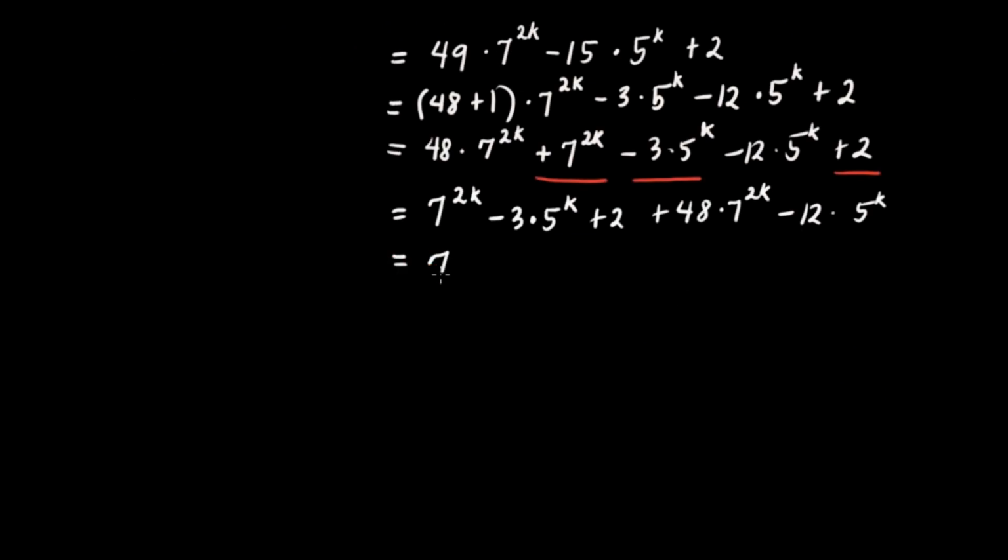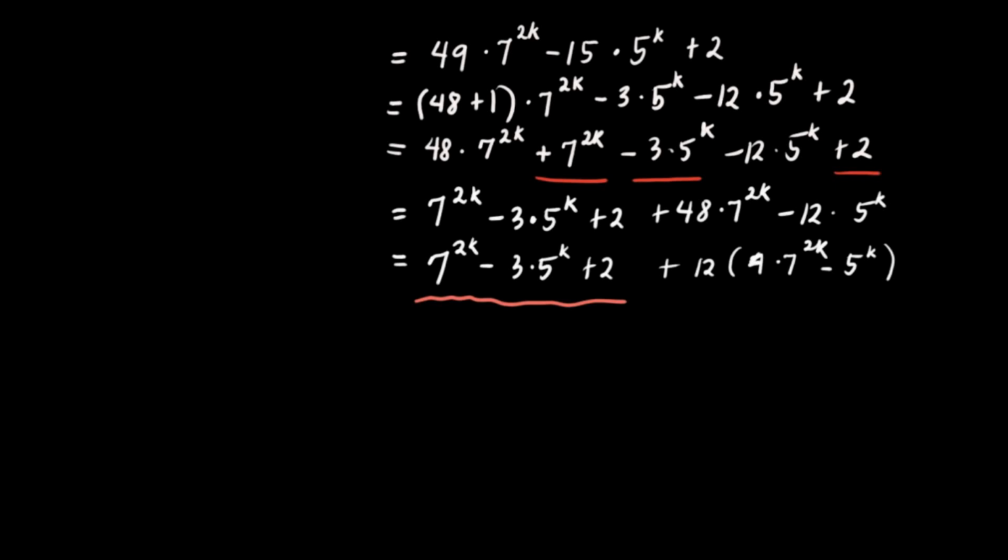So, we have 7 raised to 2k minus 3 times 5 raised to k plus 2 plus 12 times 4 times 7 raised to 2k minus 5 raised to k.